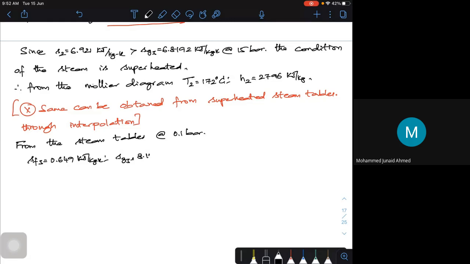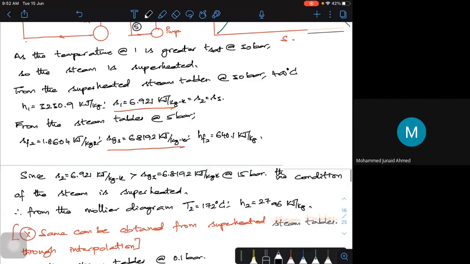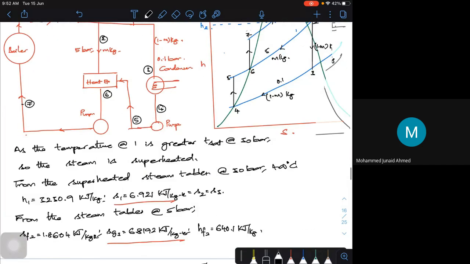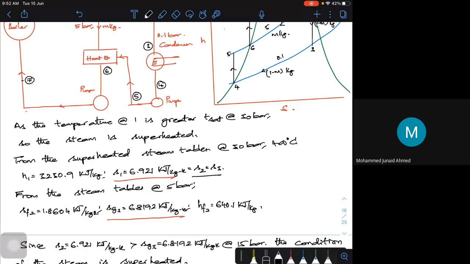Then HF3 is equal to 191.8 kilojoules per kg, and HG3 is equal to 2585.6 kilojoules per kg. Now, as I told, S1 is equal to S2 is equal to S3, because it's an isentropic process.